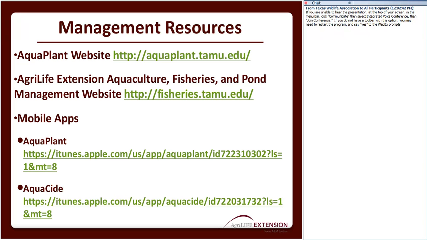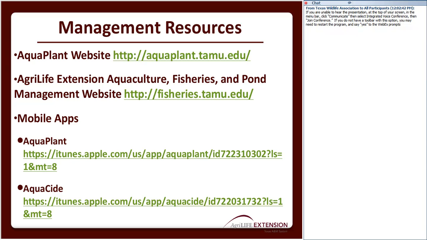Now, I know it's oftentimes difficult to identify a plant because we normally run across it unexpectedly in the field, and so we don't necessarily have an ID guide right there with us. We have made a couple of apps that you can download to your smartphone that have nice picture identification guides. The first one is Aquaplant.